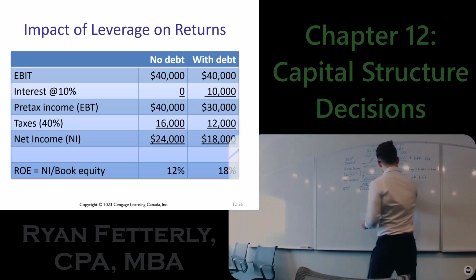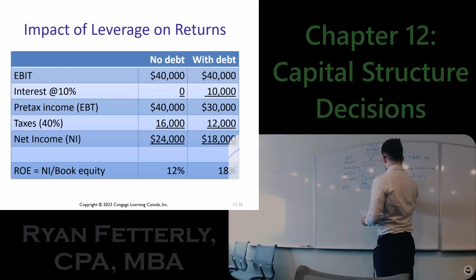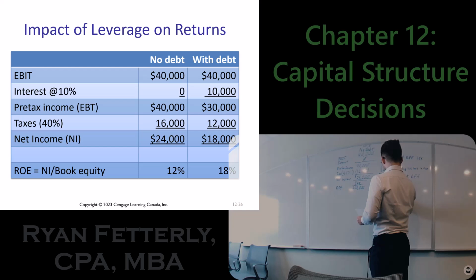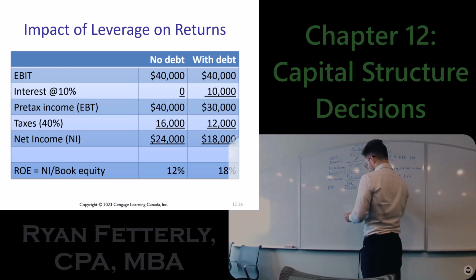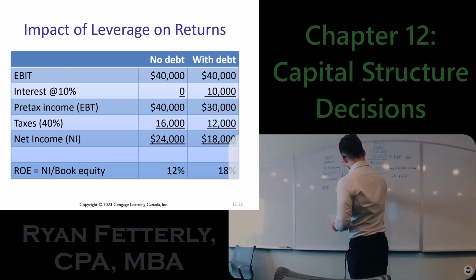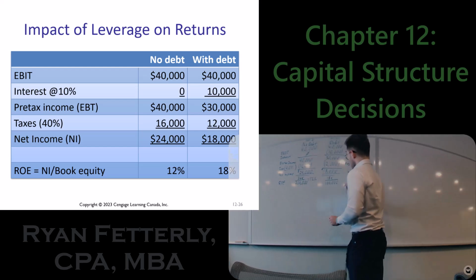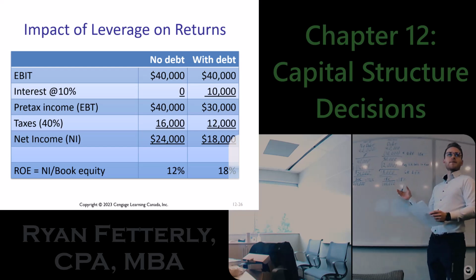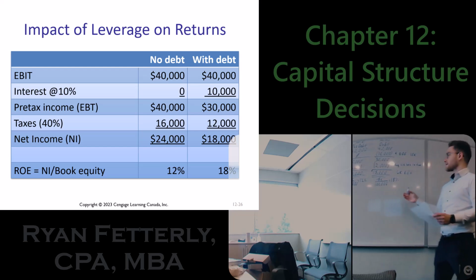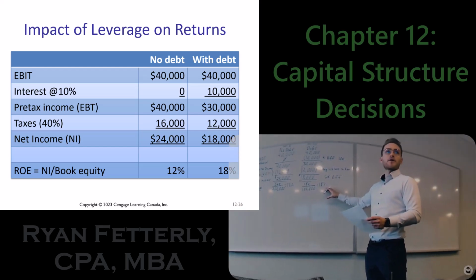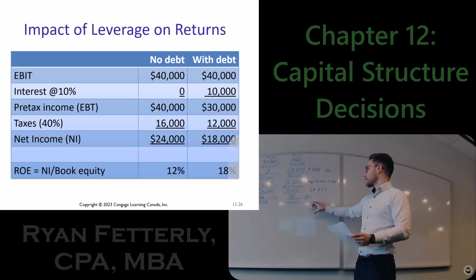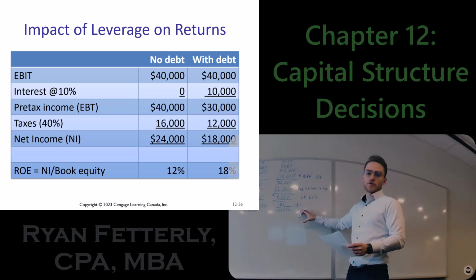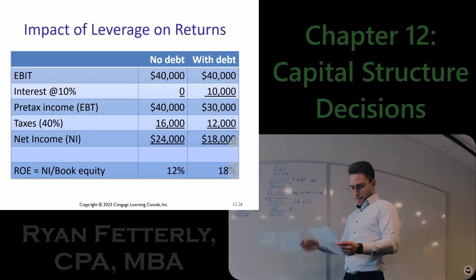Whereas this company is $18,000 in net income attributable to our shareholders, but it's only divided by $100,000 in equity, right? So this company does a 12% return for its shareholders, while this company does an 18% return for its shareholders, right? So what we end up seeing here is that this company actually is better for our shareholders because it does a higher return on their investment.